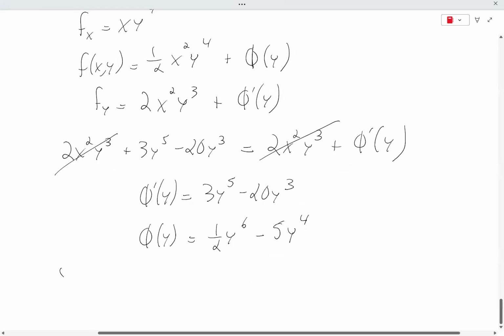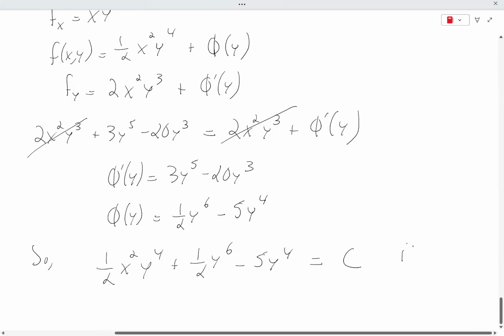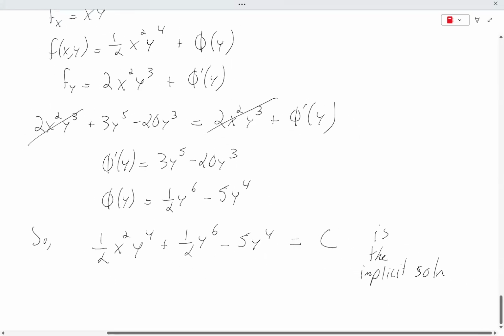So the solution, putting it all together, you got 1/2 x squared y to the fourth plus 1/2 y squared minus 5y to the fourth equals C, right? That's the implicit solution. Okay, so what a mess. But that would be the implicit solution to the differential equation.